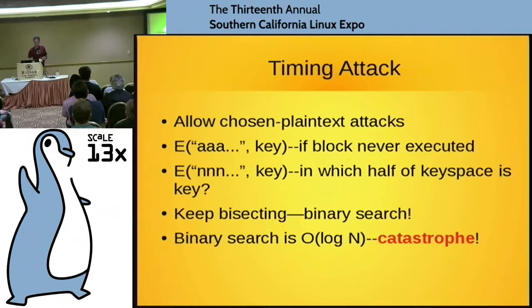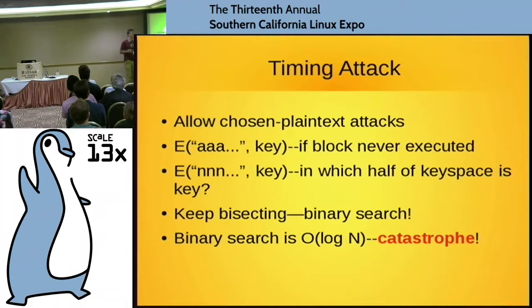To show you how bad that is, just to make it easy for myself, I'm going to assume that the attacker can make chosen plain text attacks. He can trick me into encrypting messages of his own choice, and he can examine the ciphertext and do whatever he wants. He just doesn't know the key. All right? So he can ask to encrypt a message of all A's. Now, if you think about it, A is 0, so that branch will never be executed. That's the shortest it could possibly take to encrypt a message. So now he can take something in the middle.